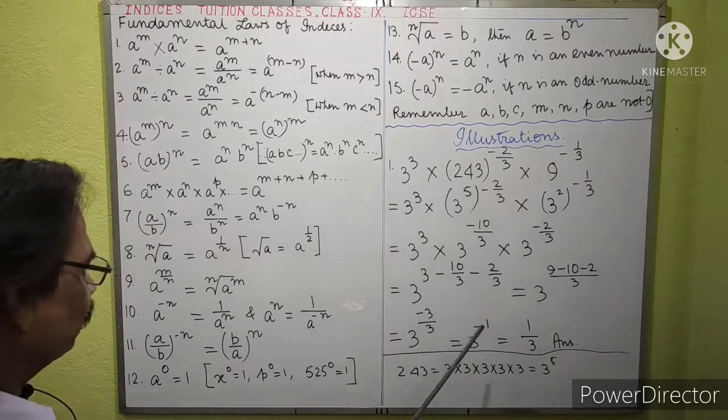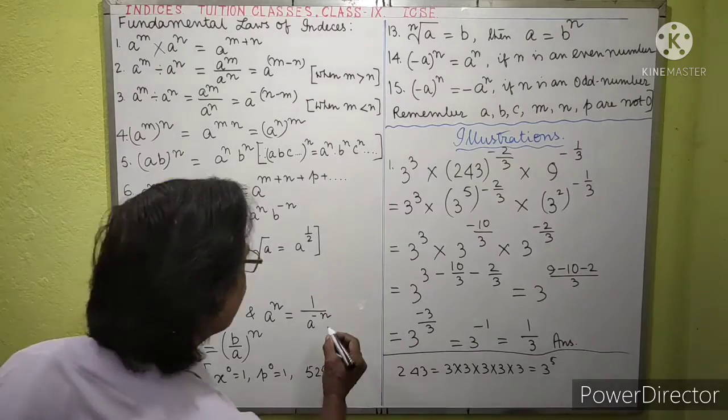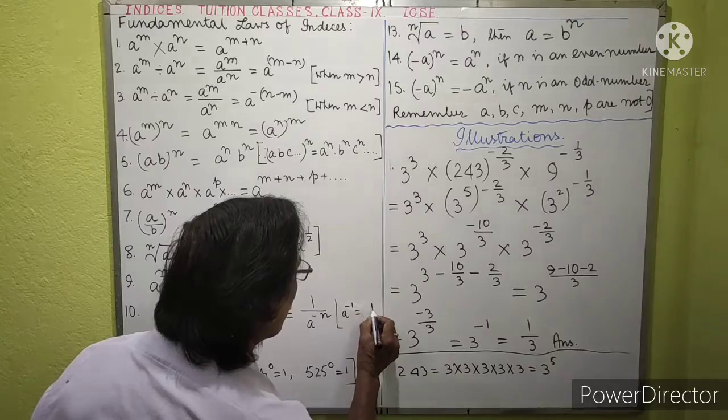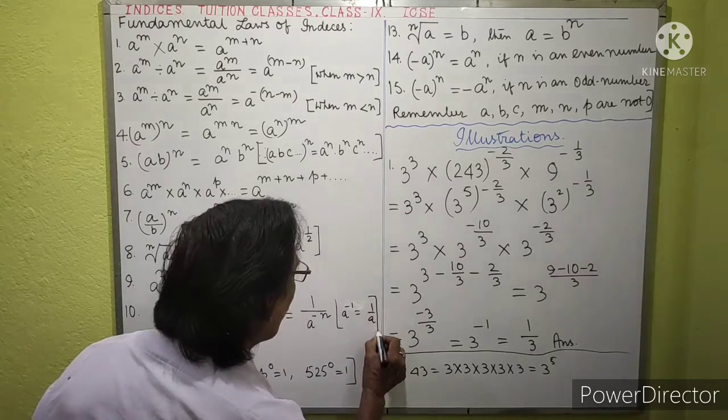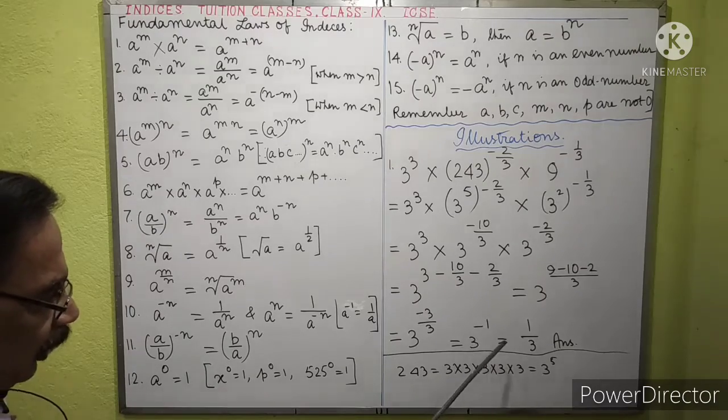According to a to the power minus n, a to the power minus 1 is equal to 1 by a, so 3 to the power minus 1 equal to 1 by 3.